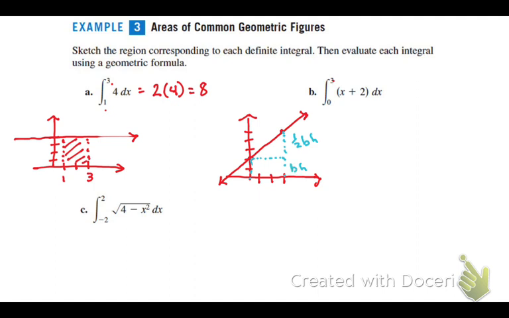Okay, so you want to do rectangle or triangle first? Rectangle. Okay, so the base is 3 by 2, so 3 times 2, plus 1/2. What's the base of the triangle? 3. And the height of the triangle? 3.